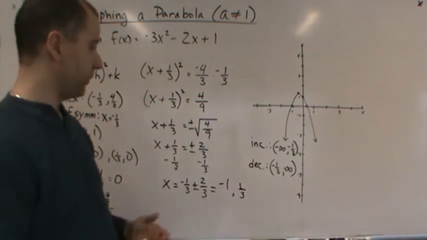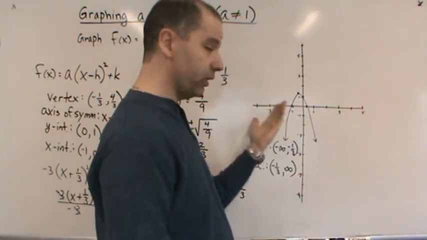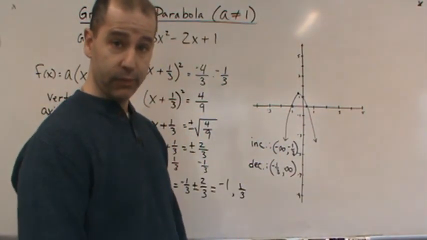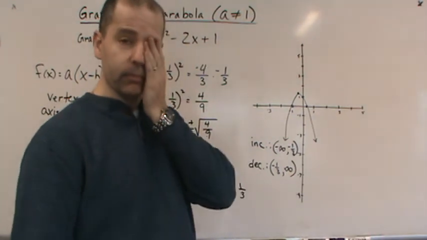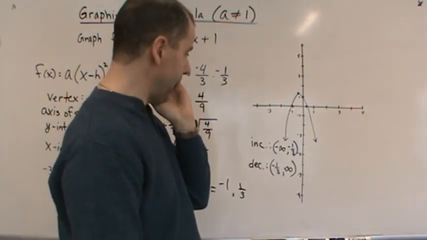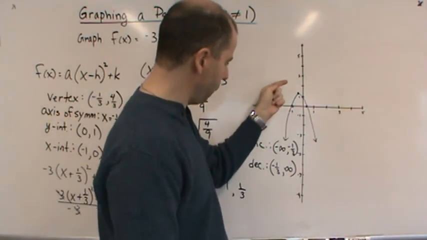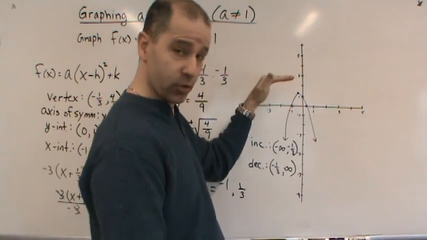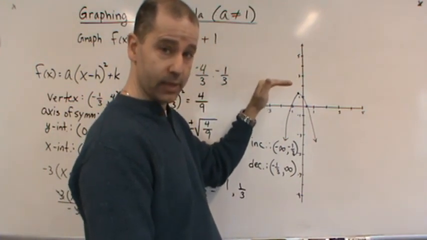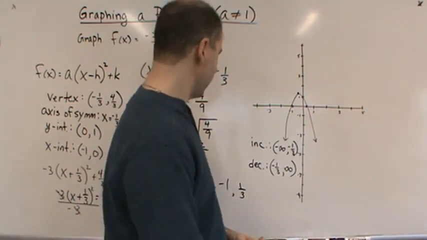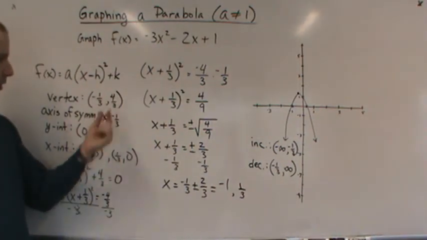And then of course we could talk about the domain. Well, the domain is going to be all real numbers, right? We should know that from previous sections, last chapter. Okay? And also the range. Well, the range is going to be what? Since it's opening downward, we know this is a maximum, so it's going to be from the y value of the vertex down. So where's the y value? It's 4/3.